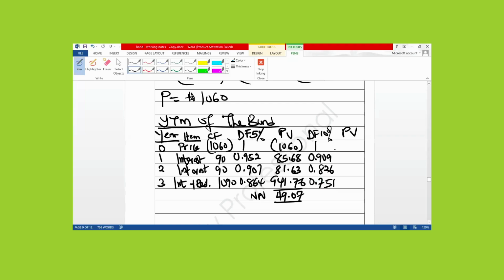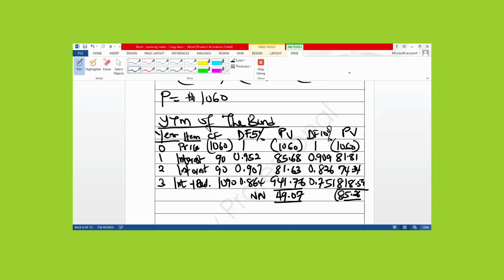Now present values at 10%: 1060, 90 gives 81.81, then 74.34, then 818.59. Now your NPV at 10% is negative 85.26.